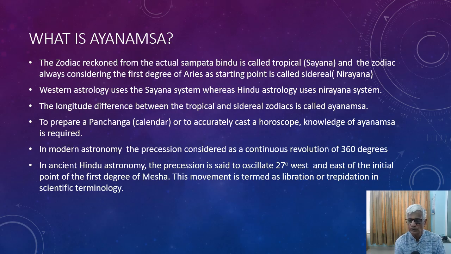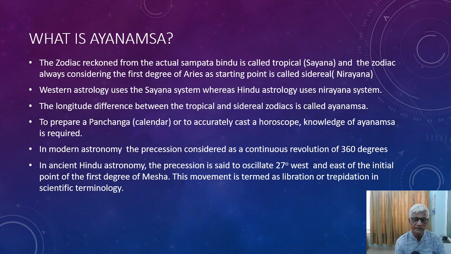Therefore, we have to compute the current positions of the planets corrected by the Ayanamsa to get the nirayana positions. This is why Ayanamsa is very much essential for Hindu astronomy.